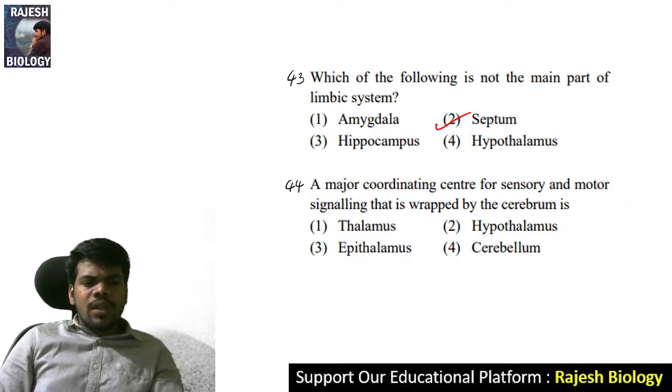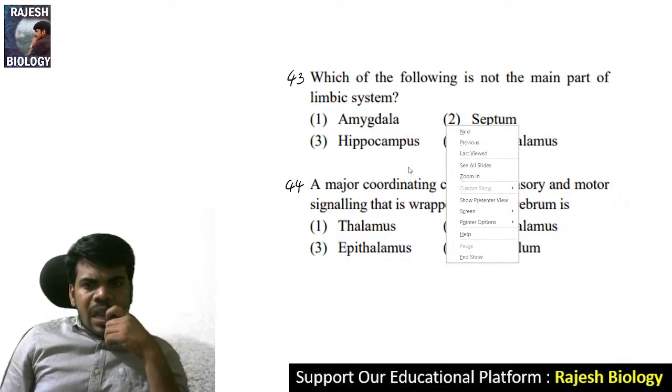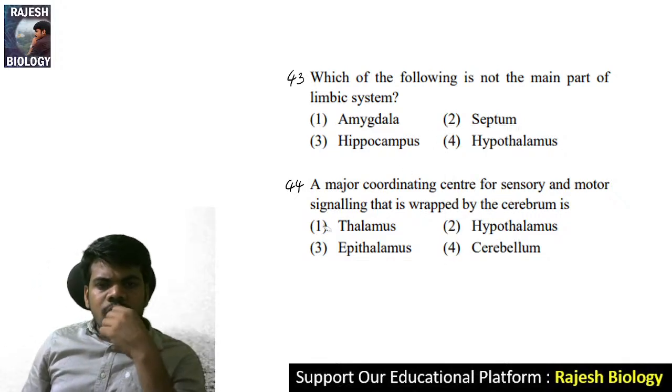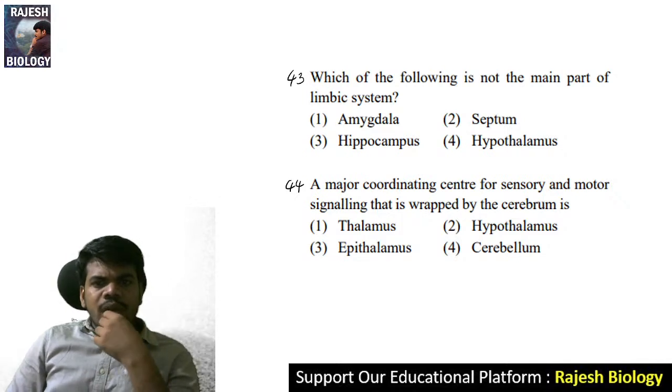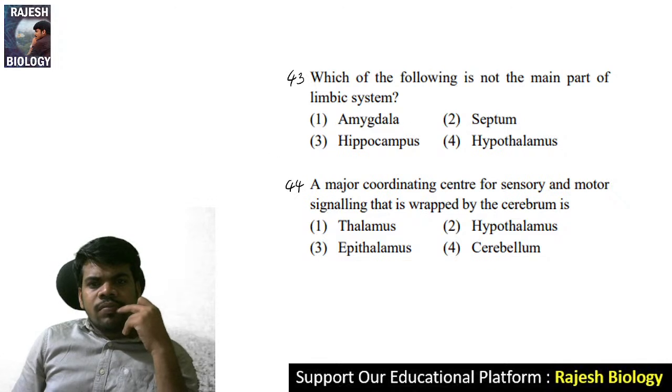Amygdala, hippocampus is there. Septum. I have to check this answer once with the key, because hypothalamus is also not a part of the limbic system. What is septum? I have to check it once.